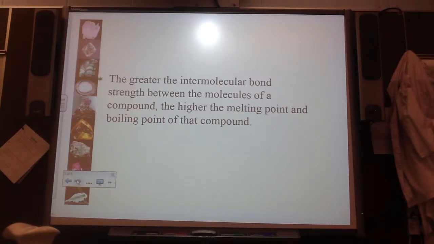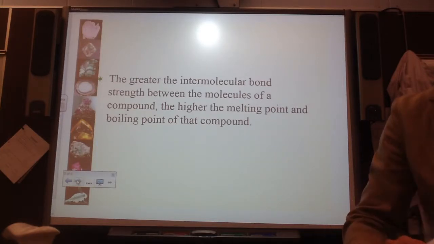Why? Because, what did I just say? It takes more energy to break those bonds. Yeah, write that in. Because that melting and that boiling point is really a representation of that energy needed to break the bonds.